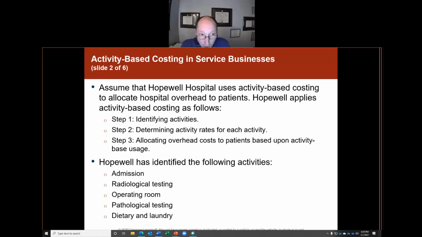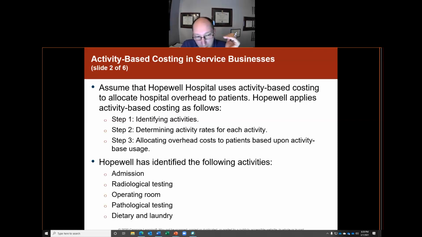So for our hospital, a hospital is a service business. Our base is our patients, the number of patients. Step 1, identify the activity. Step 2, determine the activity rate for each activity. Step 3, allocate the overhead costs to the patients based on the activity-based usage.